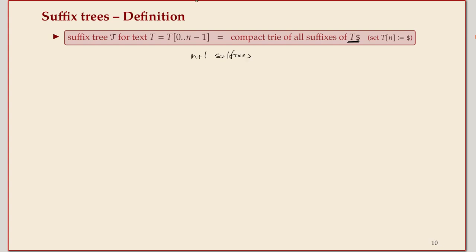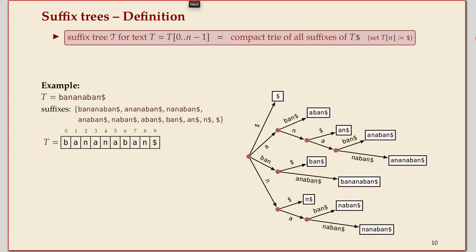I don't think we need an example for that, but you'll see it here in the full construction. So I meant not an example listing all the suffixes, but actually I prepared one. My favorite word for this unit is banana band, because it has lots of repetitions and not a big alphabet. So you'll see a lot of those.